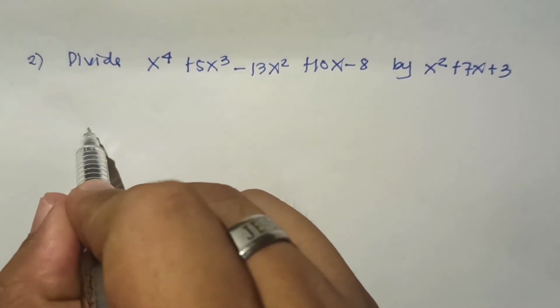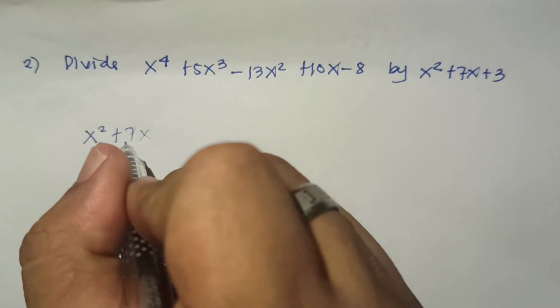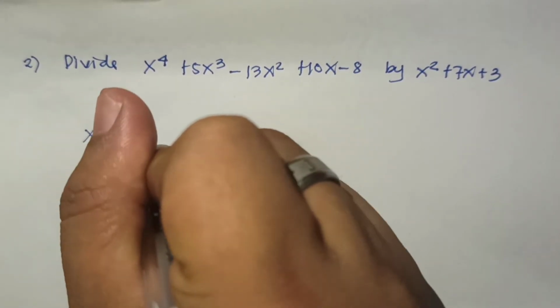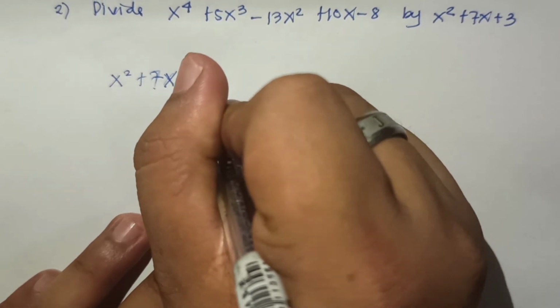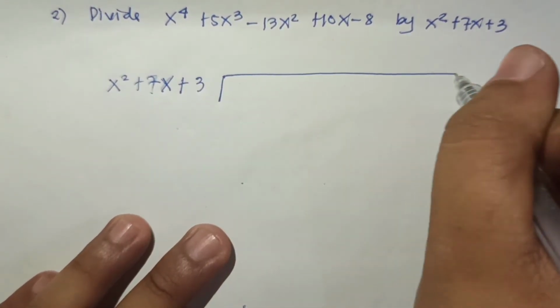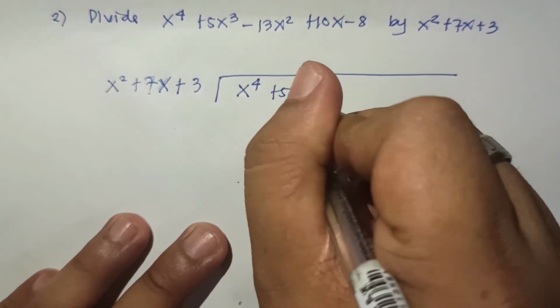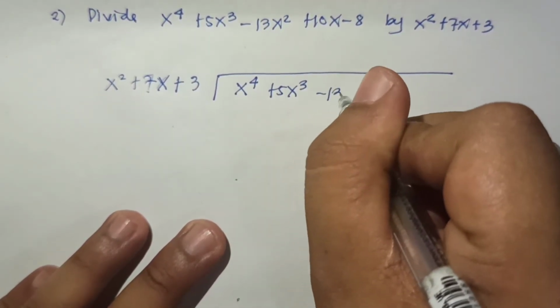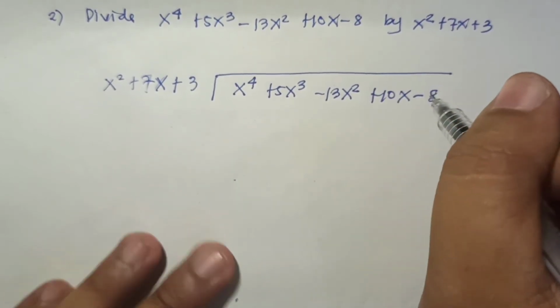We have x squared plus 7x plus 3 divided by x raised to 4 plus 5x cubed minus 13x squared plus 10x minus 8.